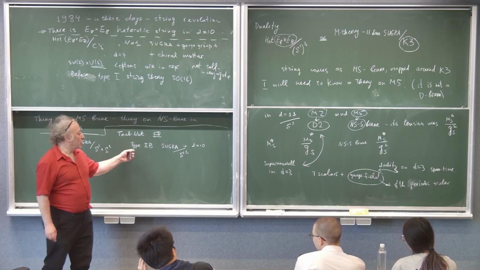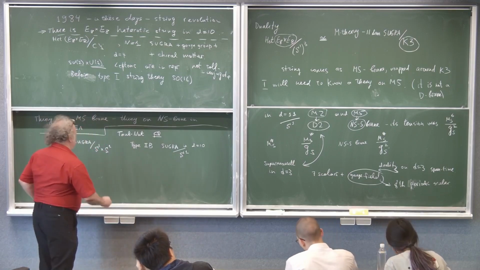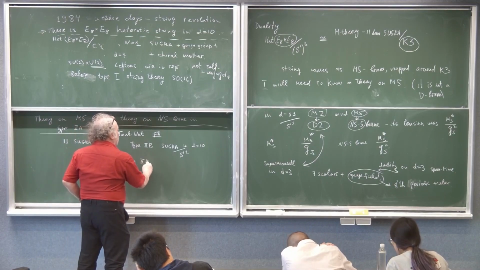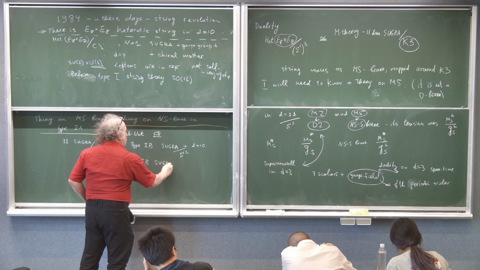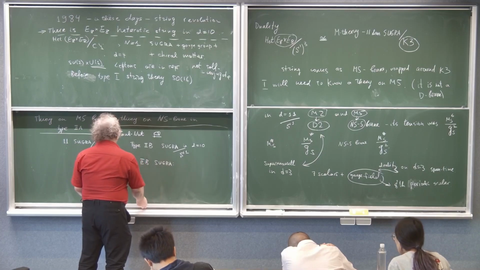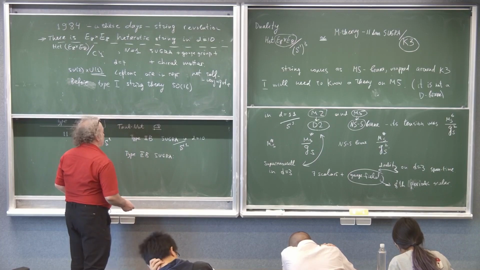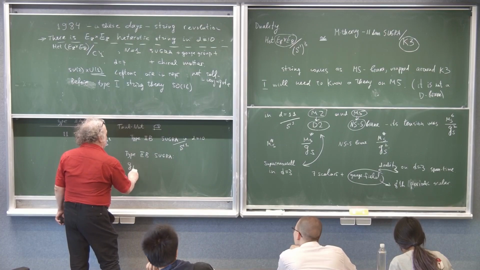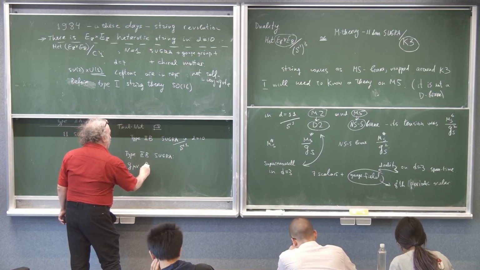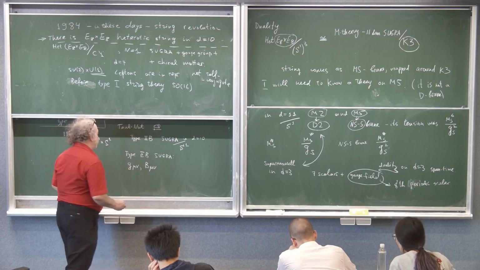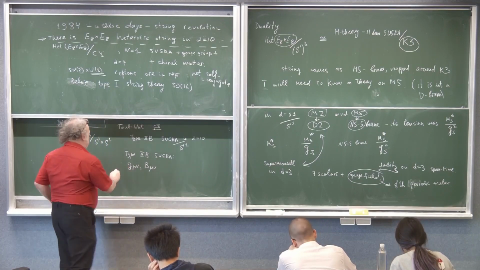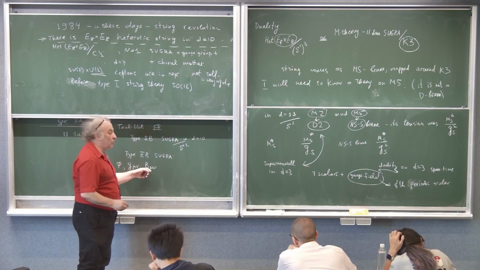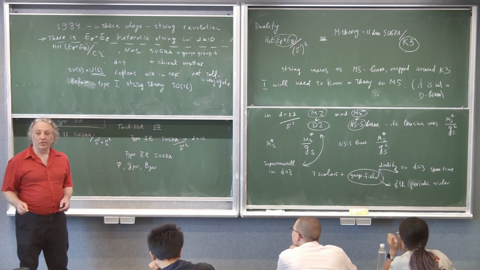What do we know about type 2B supergravity? It has the following fields. So these fields phi, g mu nu, and b mu nu are common for all string theories.